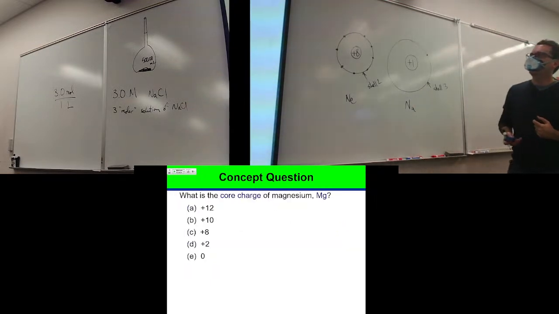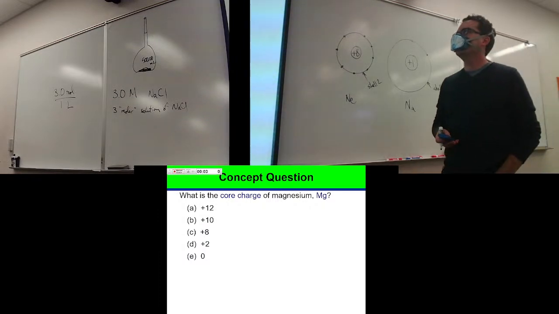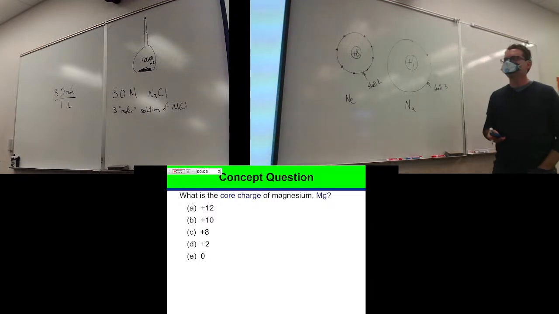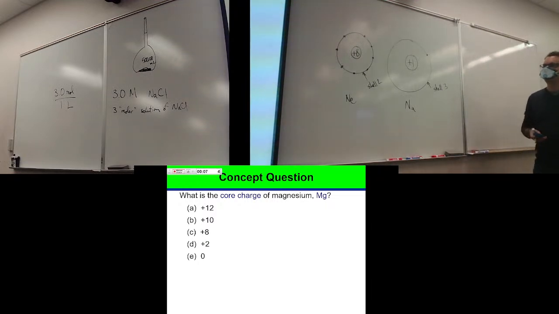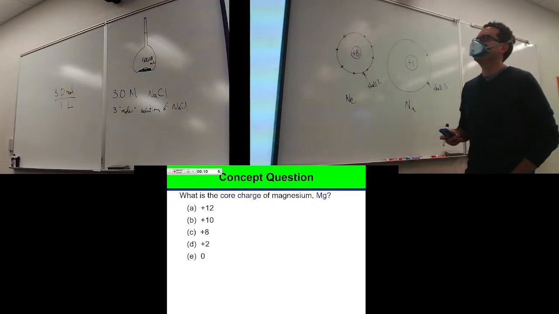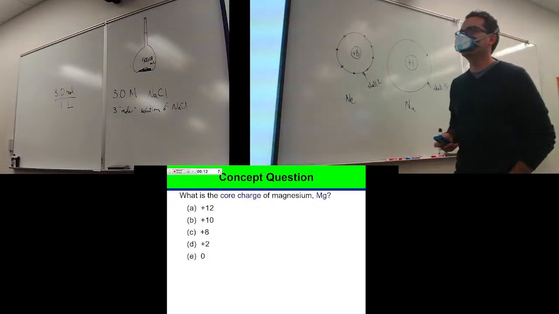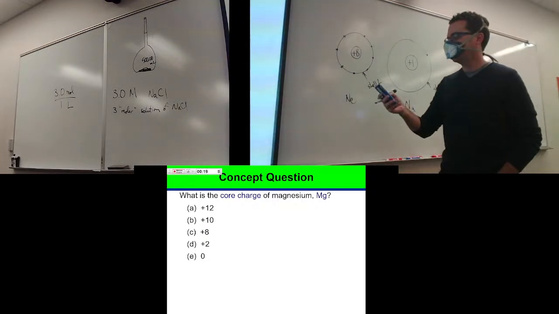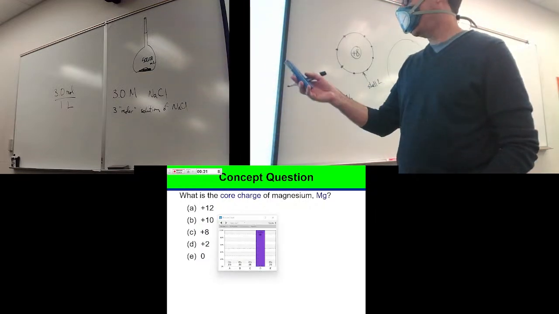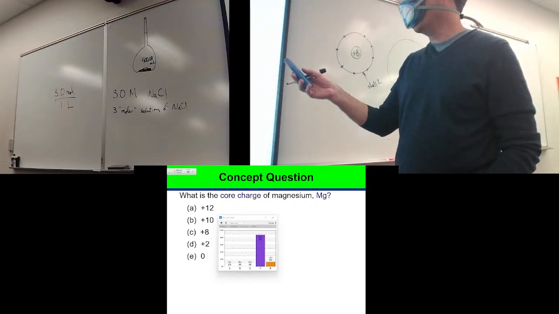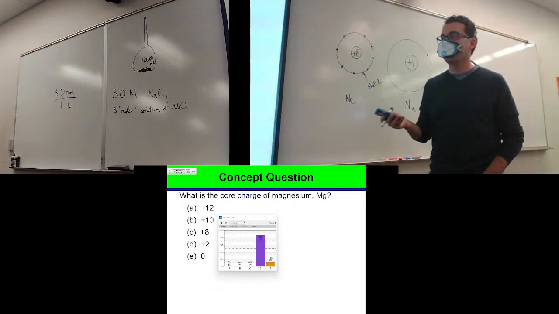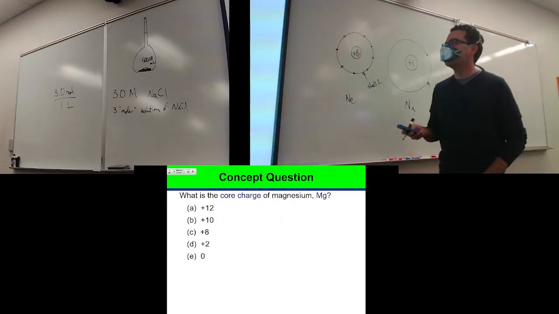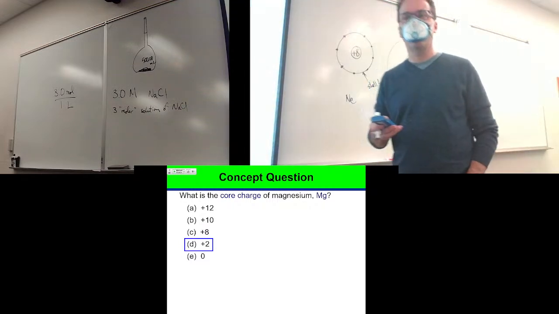So, what's the core charge of magnesium? No need to calculate it. Just look at the periodic table. Should give you an immediate answer. So not the atomic number. Let's see. Excellent. Somebody said 0. So it's neutral, that's for sure. But it has got a +2 core charge.